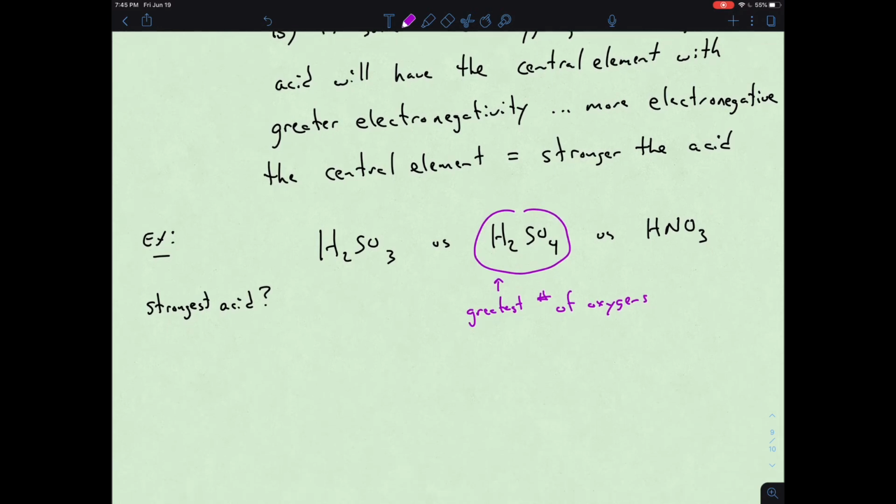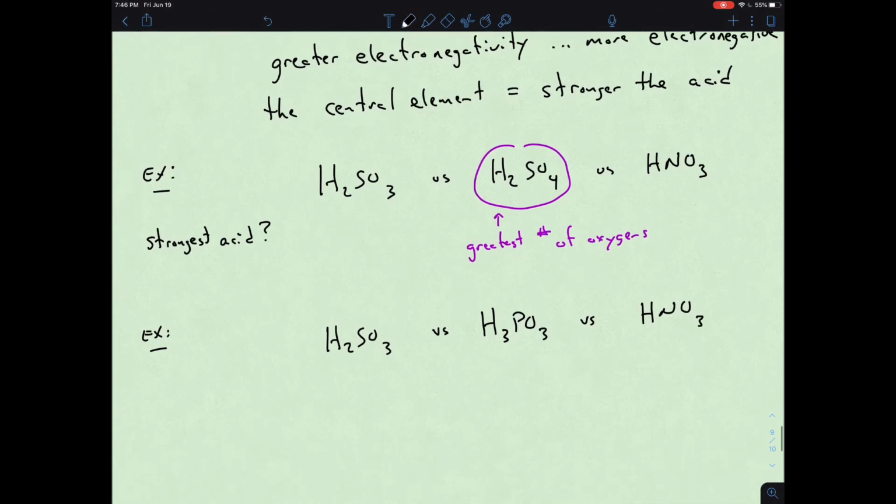We could do another example and look at H2SO3 versus H3PO3 versus nitric acid, and ask the same question of what is the strongest acid.